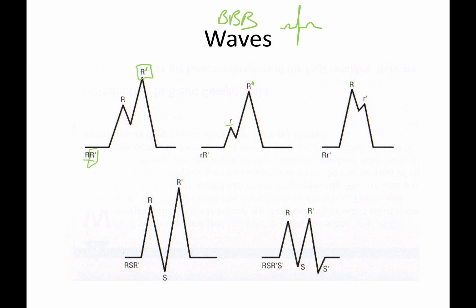These cases can be so extreme that you may actually see it come back down and your notch here gets below the isoelectric line, and so then you'd actually need to name it an S wave because it has managed to deflect downward below that point, and so you can wind up with an RSR prime.